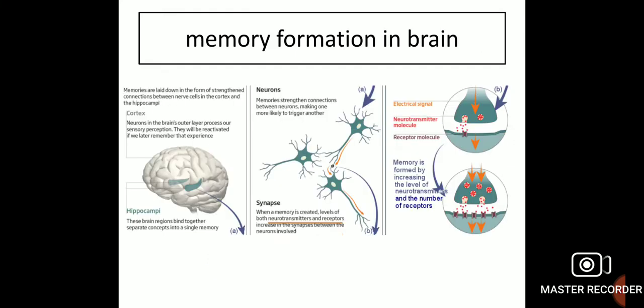So what is the exact mechanism, how does it happen? A very simple thing is involved: neurotransmitters and receptors. If there are more neurotransmitters and more receptors, then strengthening of the synapse takes place.